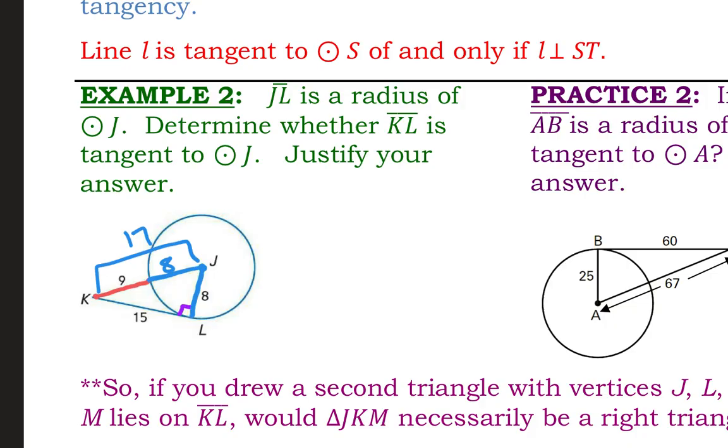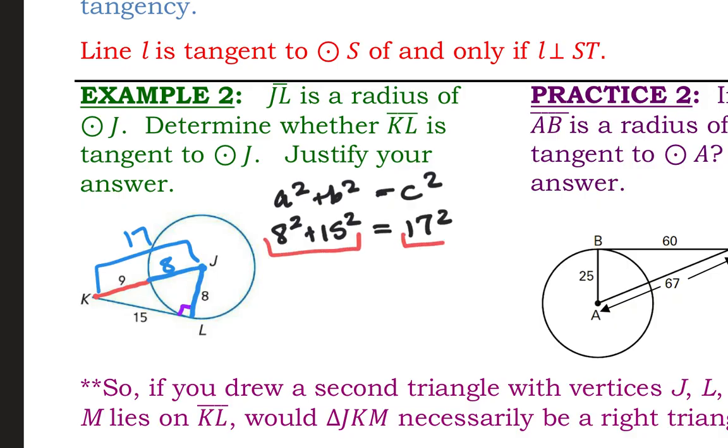All right, so now using the Pythagorean theorem, we have a squared plus b squared equals c squared. What you want to prove is that 8 squared plus 15 squared is equal to 17 squared. So we need to make sure they come out to the same number.